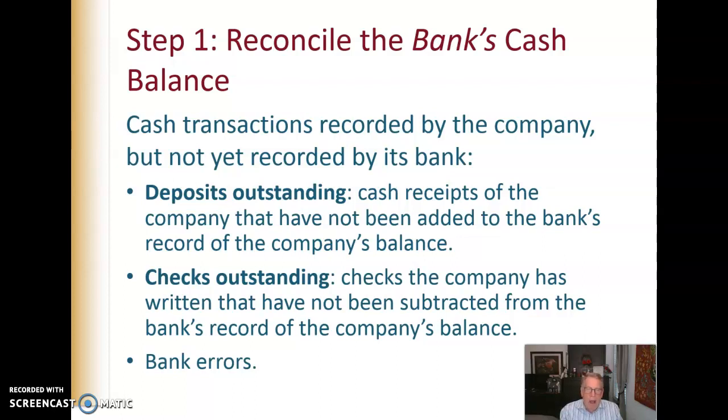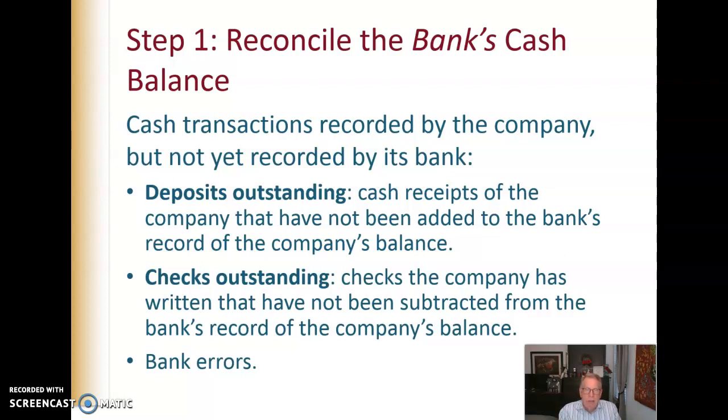We also have some checks that the company has written, and we've subtracted all those checks from our book balance. But not all of those checks have cashed. Sometimes we refer to a cashed check as a canceled check, or a number of terms for the same thing.